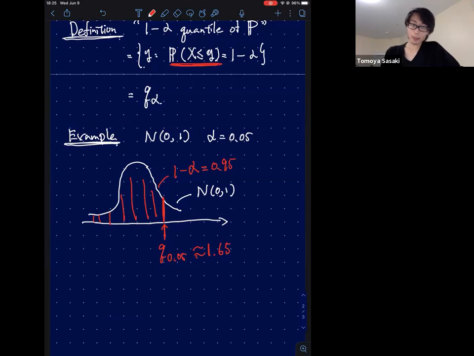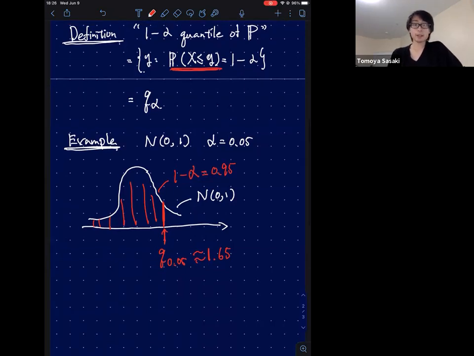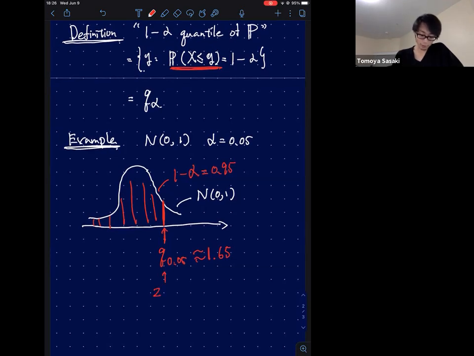I hope this gives you some intuition about what a quantile is. This lecture defines quantile like this, but some textbooks or other people might define quantile in a different way. This is not related to the lecture, but some people call this value a z value, for example.